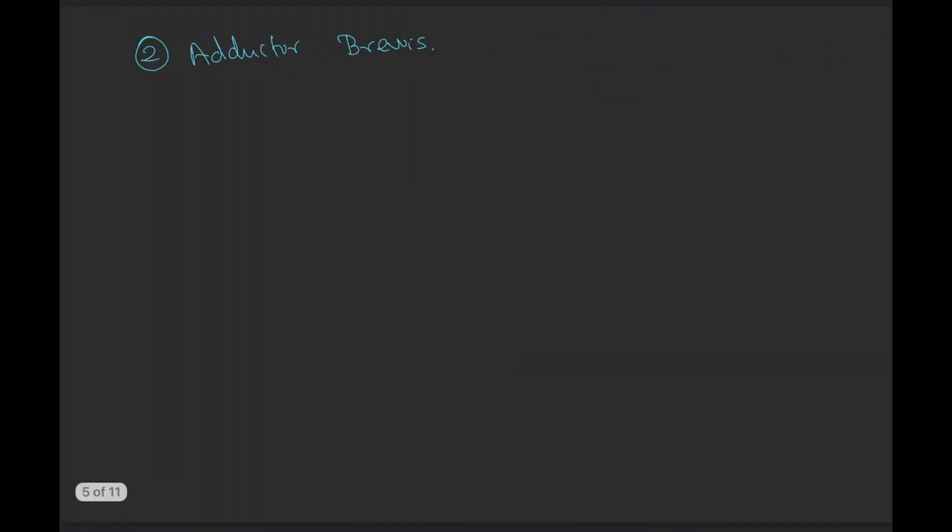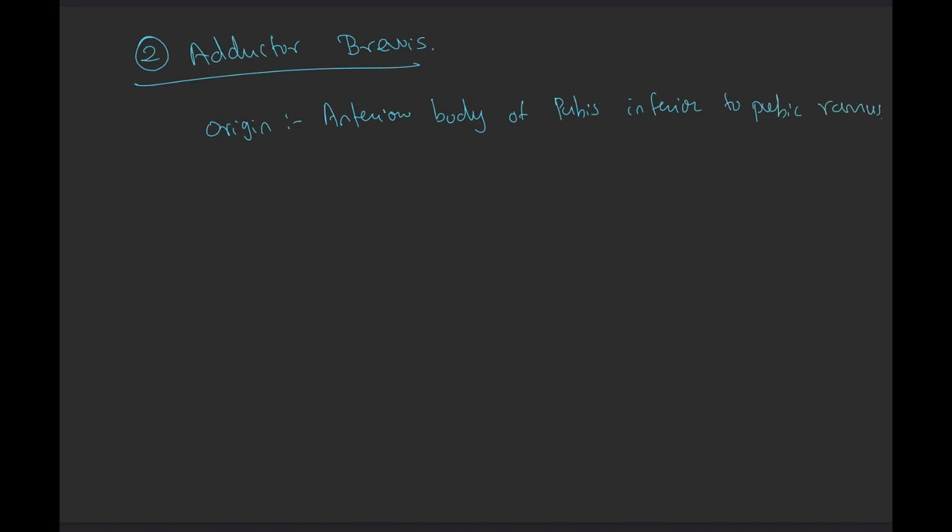The next muscle we are going to study is Adductor Brevis. The origin of this muscle is the anterior body of the pubis, inferior to the pubic ramus, and the insertion again is on the superior part of the linea aspera.